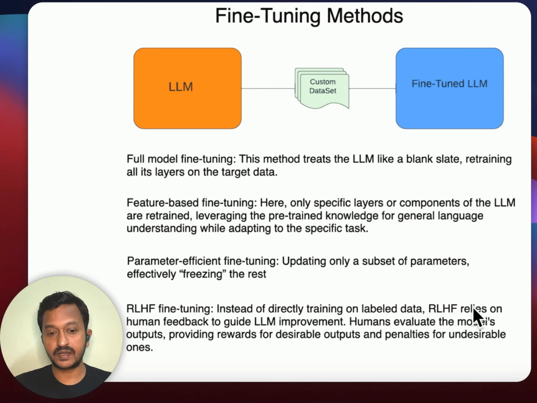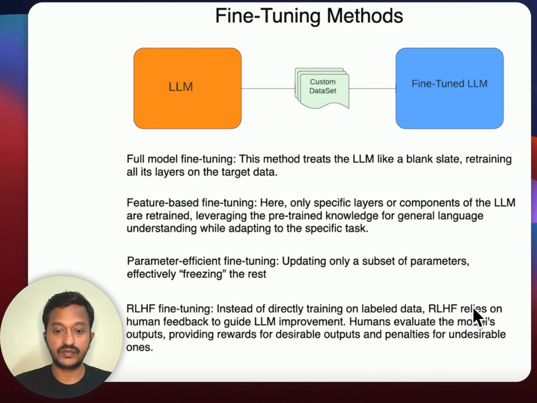And the third one is parameter efficient fine-tuning. It is more similar to feature-based fine-tuning, where only a subset of parameters are retrained, keeping everything the same. And the fourth one is RLHF fine-tuning, that is reinforcement learning from human feedback, where a human is involved here, right? So instead of directly training on labeled data, RLHF relies on human feedback to guide LLM improvement, because here a human will evaluate the model's output.